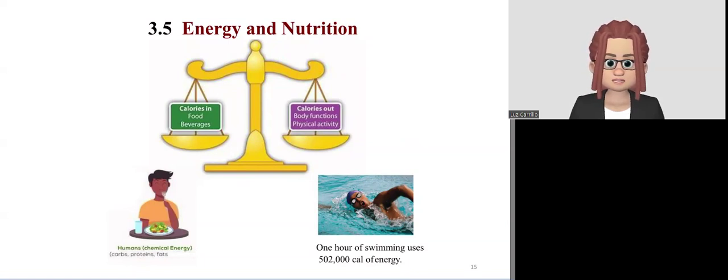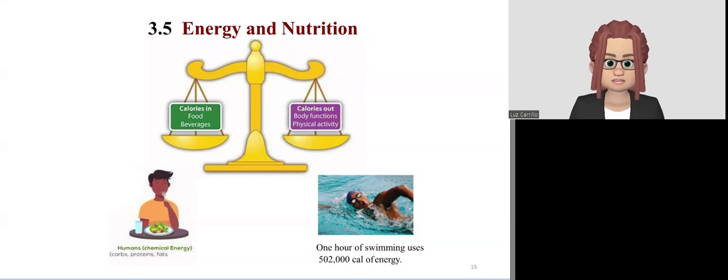In order to have a balanced energy and nutrition, it is important that there is a balance between the calories in the foods and beverages that are consumed and taking into account what are the calories that are utilized due to body functions. And at times we need to look into physical activity.